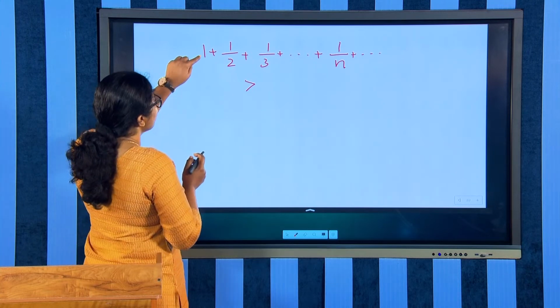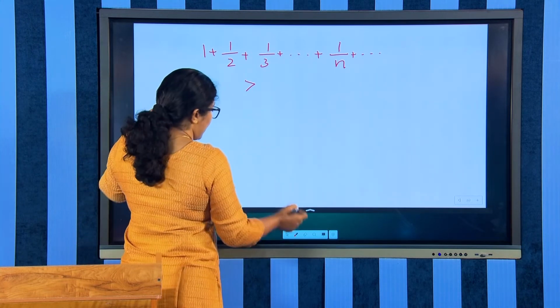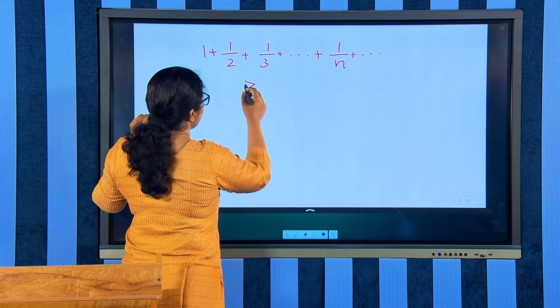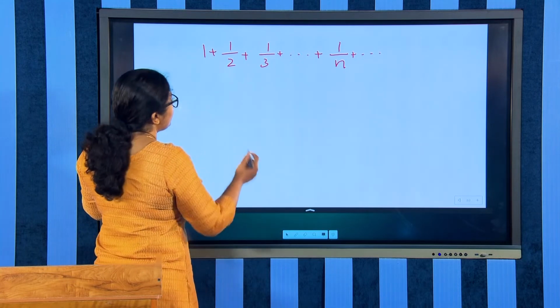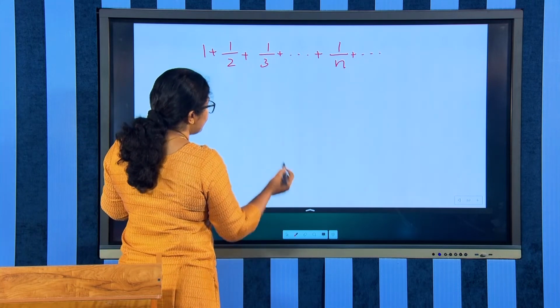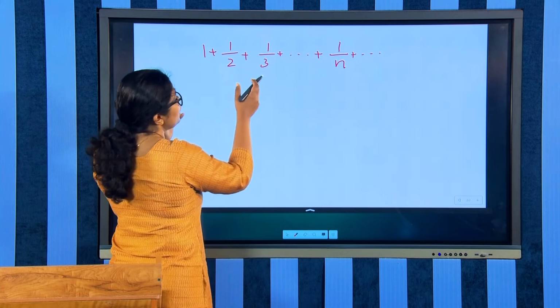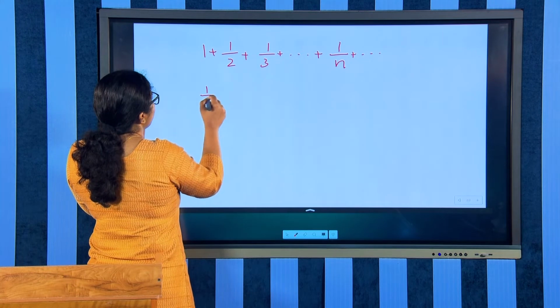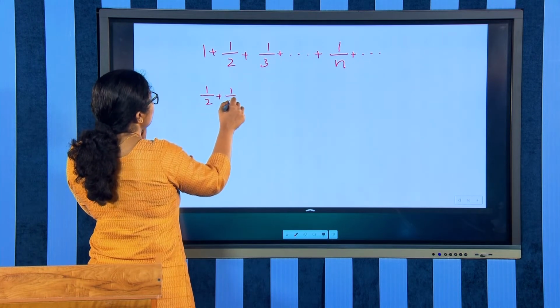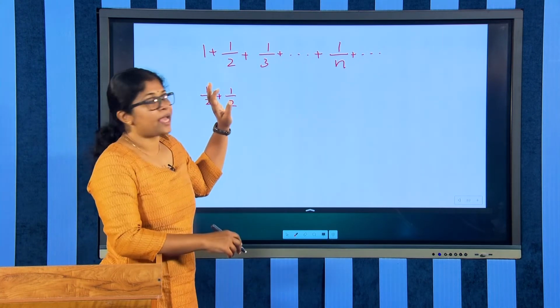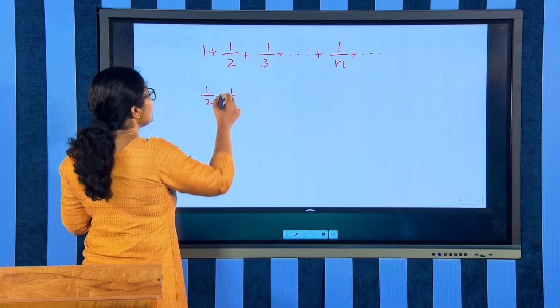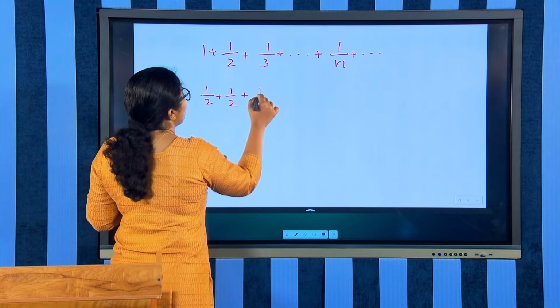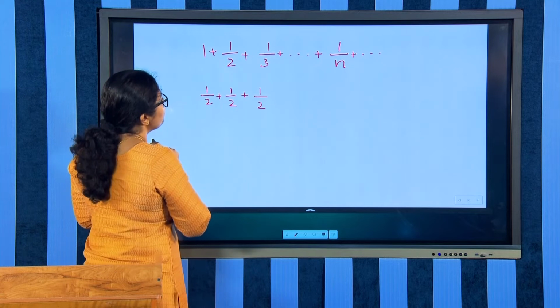We can write this one as, I will not write this notation here now, we can write it later, but I will do some manipulation here. This 1 I am going to write as 1 by 2 plus 1 by 2, or you can even leave that 1 as 1 itself, no problem. This 1 by 2 we can write as 1 by 2 itself.